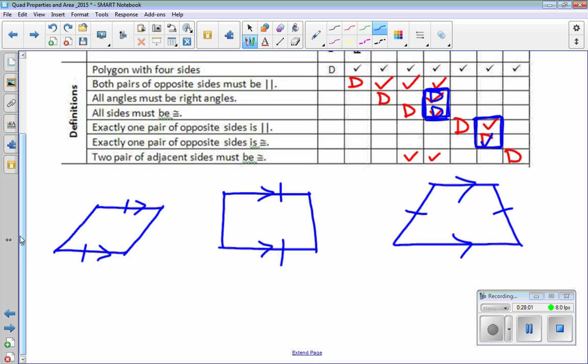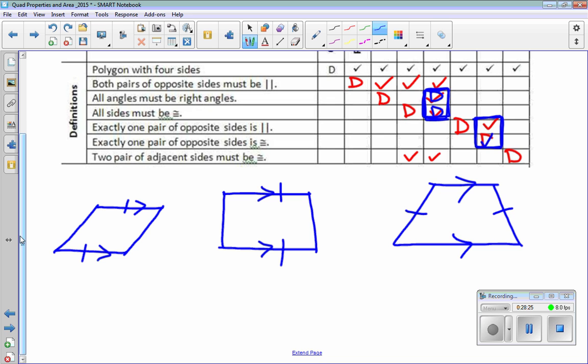What kind of a figure is that always? No matter what, if I always drew one pair of sides parallel and congruent, what would it be? It'd be a parallelogram. It could be a rectangle, but it has to be a parallelogram, right? Good. But if they're different sides, parallel, congruent, that would be a trapezoid.